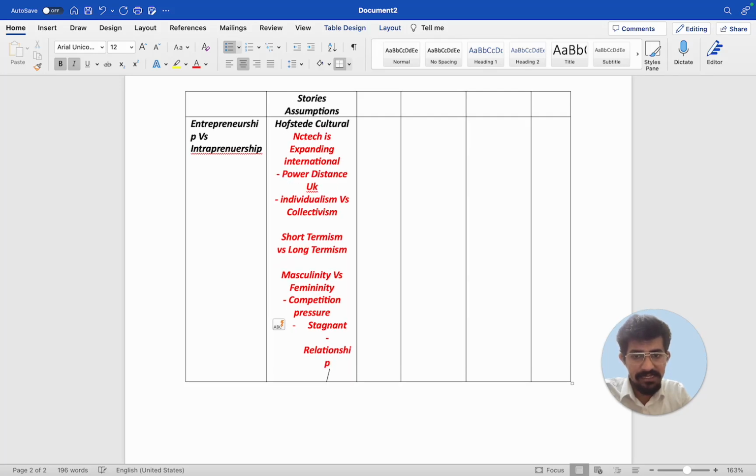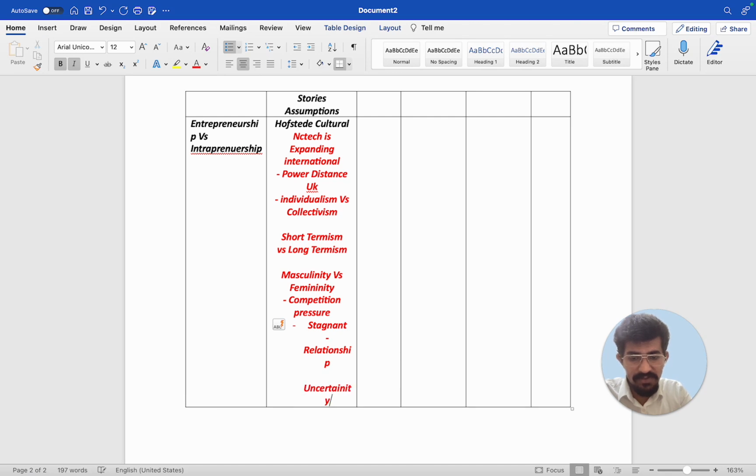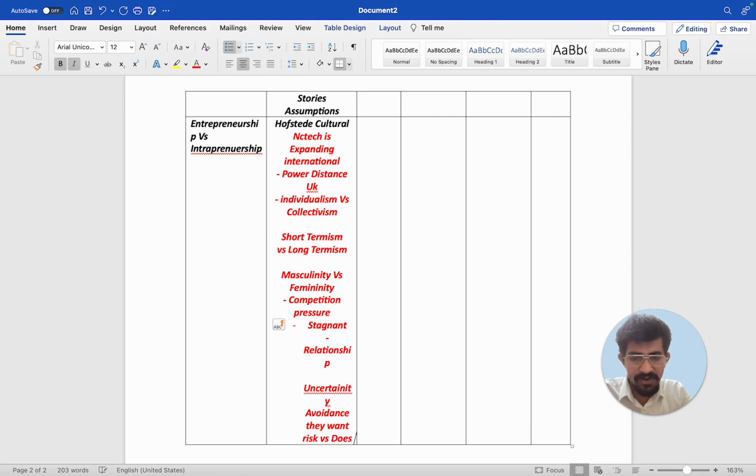And the final thing, students, we call uncertainty avoidance, which is a very, very important point of view because we are in the technology industry. In uncertainty avoidance, certain people want risk versus those who do not want risk.